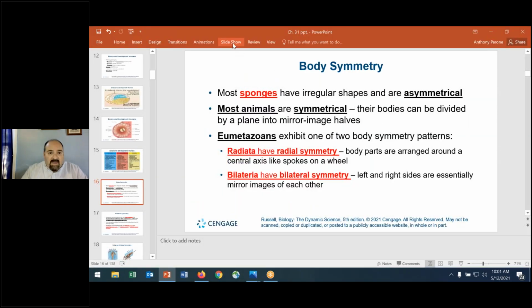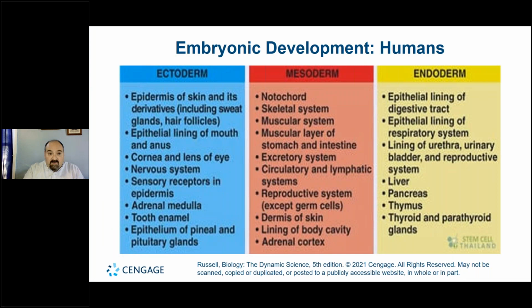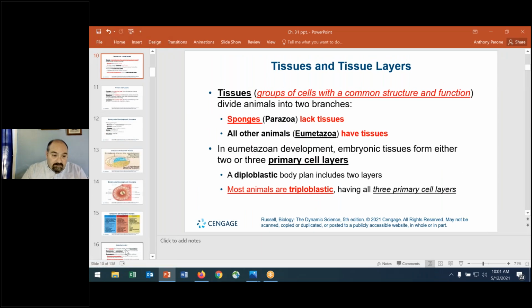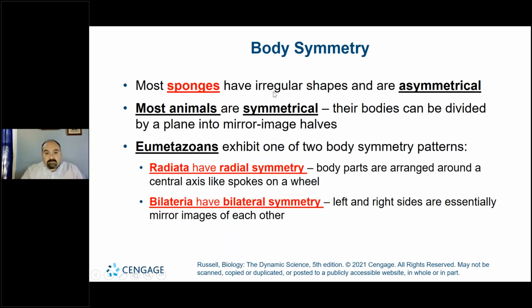As we come back to this slide, so sponges. Again, parazoa in comparison to the eumetazoa: parazoa for the sponges, eumetazoa for all the other animals. Irregular shapes, asymmetrical, okay?